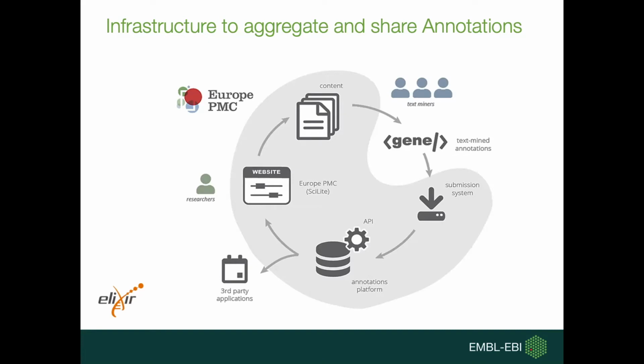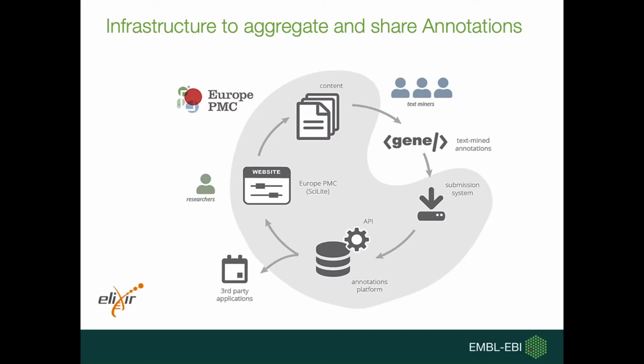Currently, the infrastructural components include an annotation platform to integrate text-mined and curated annotations, and an API to access all the data housed in the platform. We also have an application called SciLite that's used to highlight the annotations on article pages in Europe PMC.